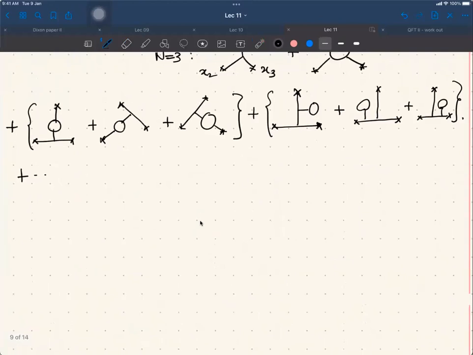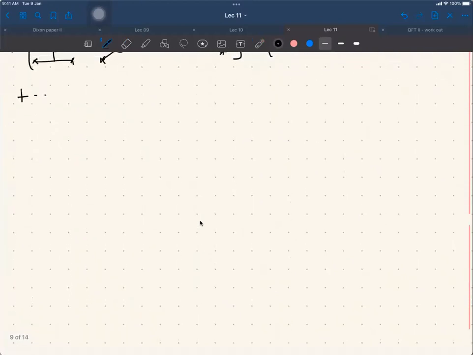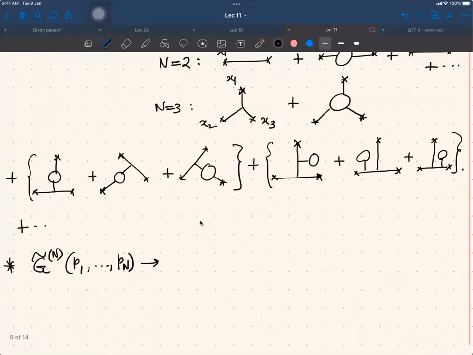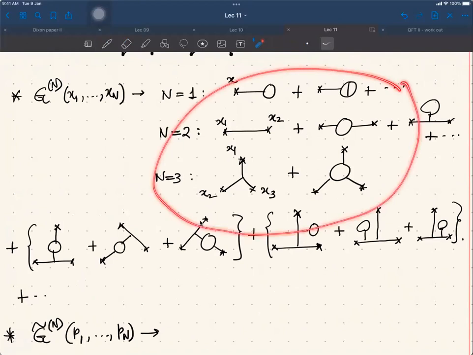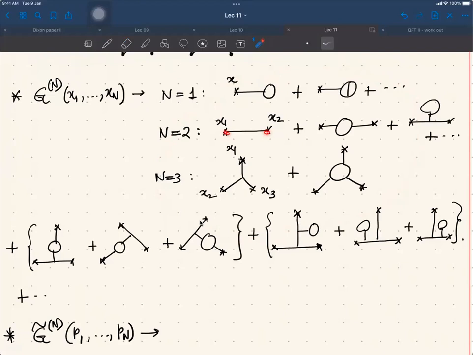Now we also studied the momentum space Green's functions, which have n momenta as arguments, the external momenta p1 to pn, and these momentum space diagrams are exactly the same as the position space diagrams, except that the labels in position space are removed.